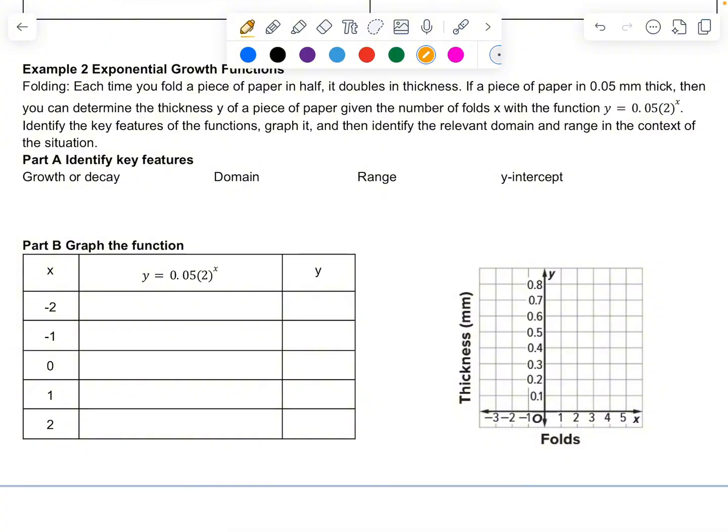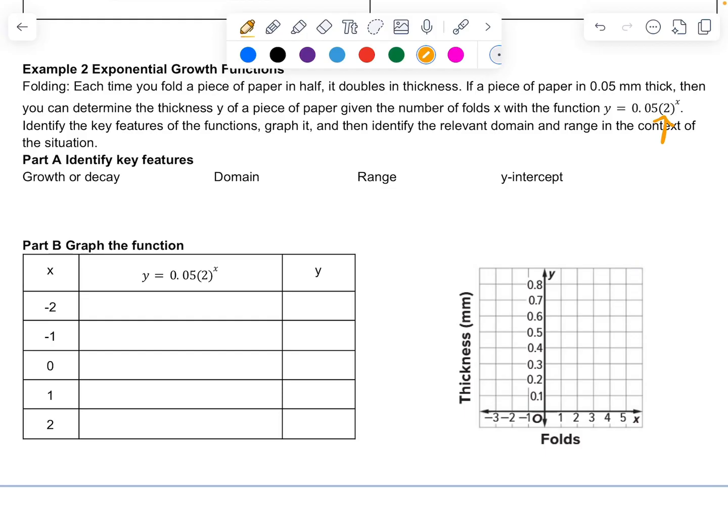So, is it growth or decay? So this value right there, we're looking at the 2.